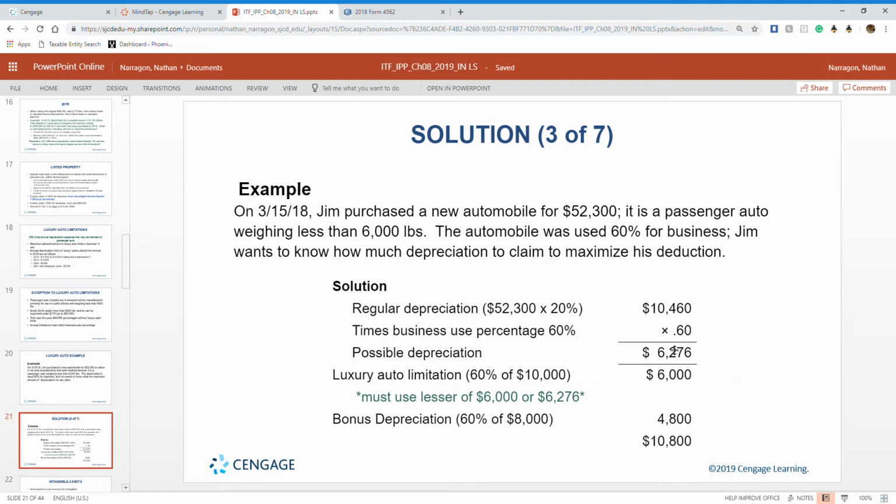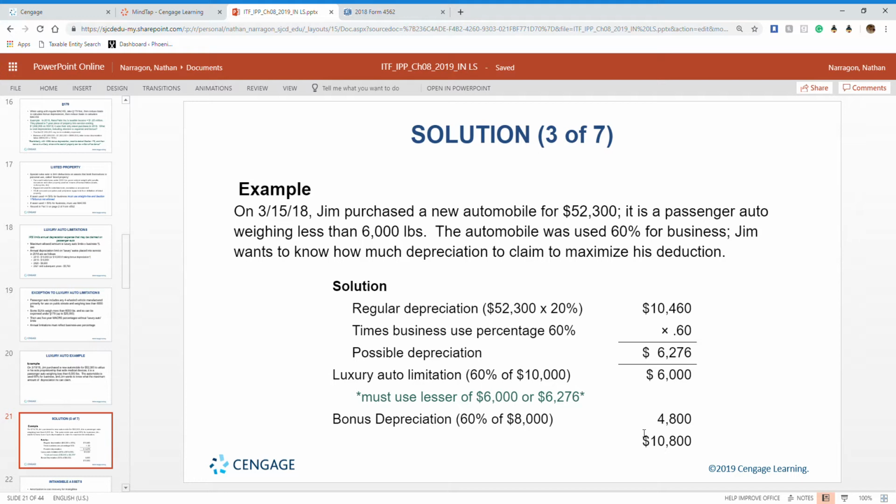Since 6,000 is less than 6,276, and usually that's going to be it. I don't really see it ever being different, but we take the lesser of the two. Then you take your bonus, which is an extra 8 grand in the first year, and also times that by the business use percentage. This comes out to $4,800. Add the two together, and he could take a maximum of $10,800.